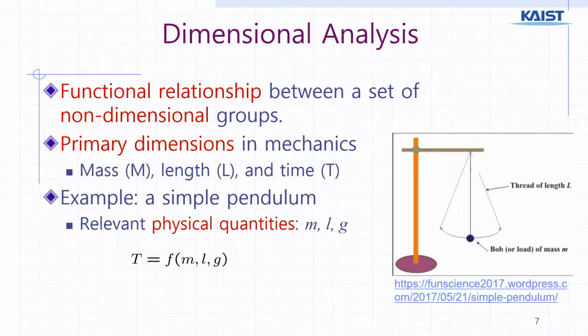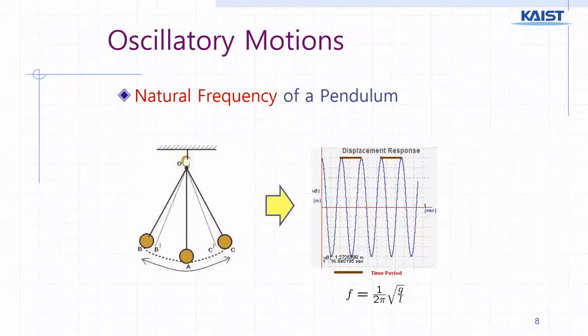Anyway, the primary dimensions here in mechanics are mass, length, and time. Oscillatory motion, again, the natural frequency of the pendulum, we have already seen many times. The frequency is calculated by using length and g. So length is most important. The frequency is the inverse square root of the length scale.